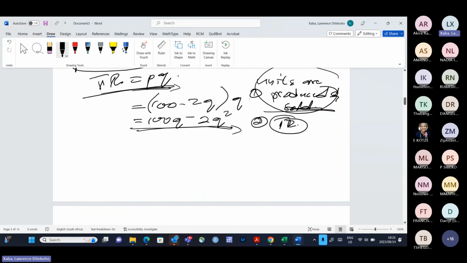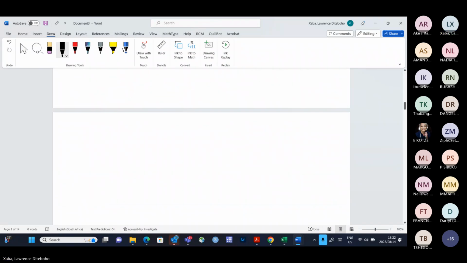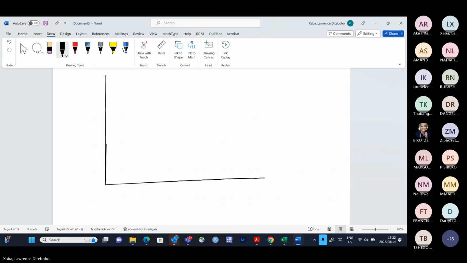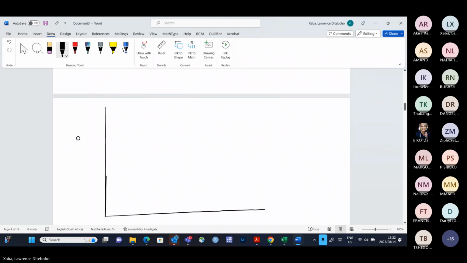So the first thing that you are going to do, if you remember the properties, is find two values so we can draw our graph. This is our quadratic equation.